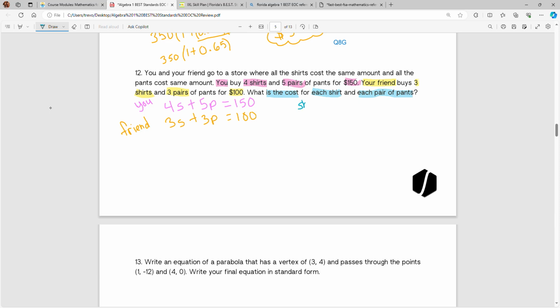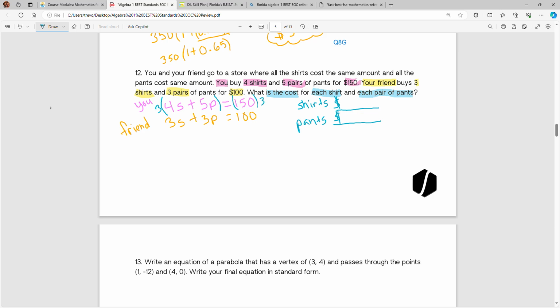shirts cost some amount of money, and pants cost some amount of money. And now to solve here, yeah, I think I want to multiply all of this, both sides of the equal sign, times 3.